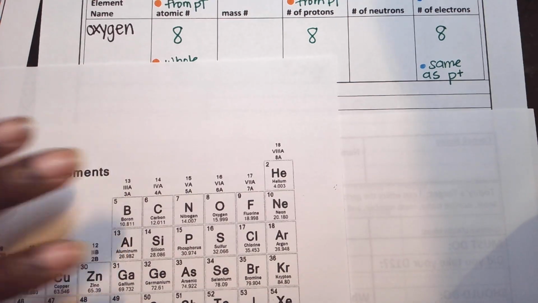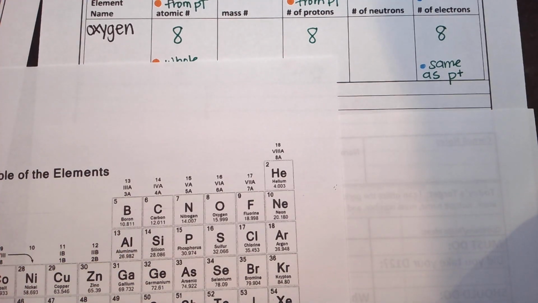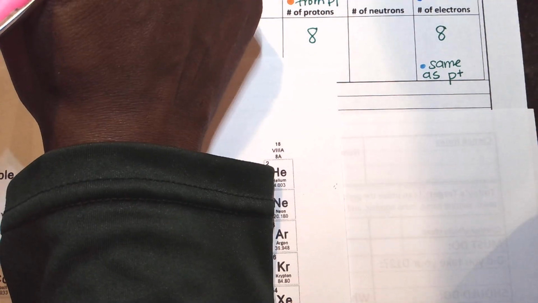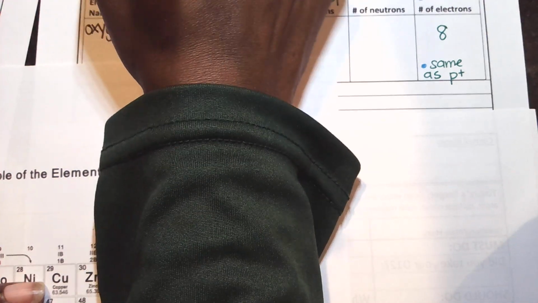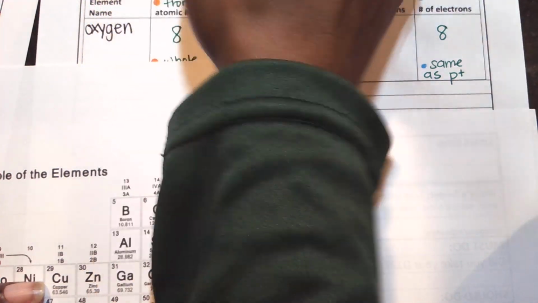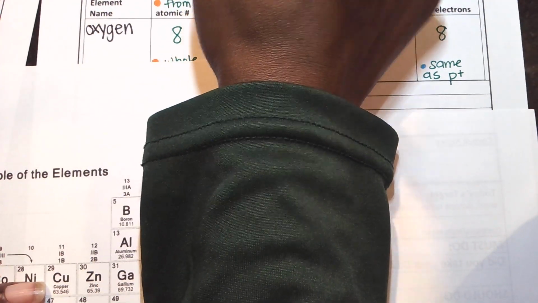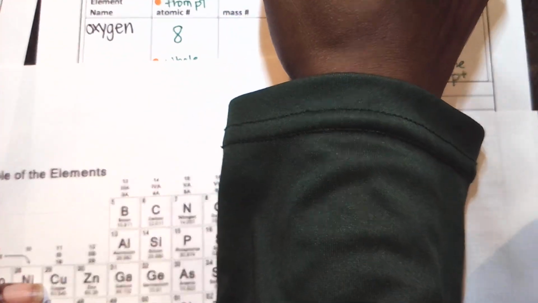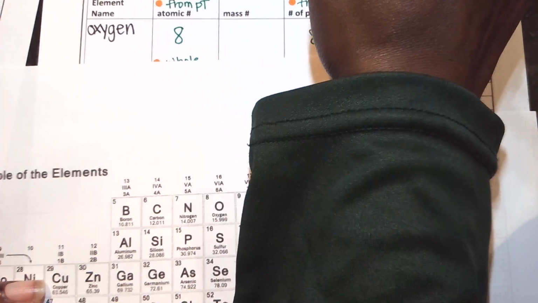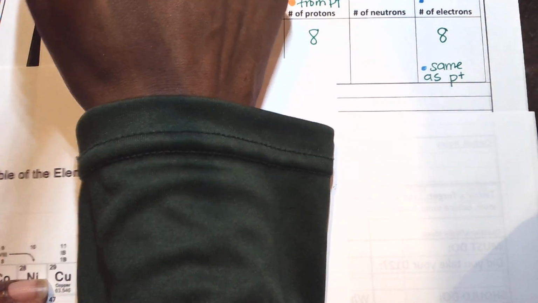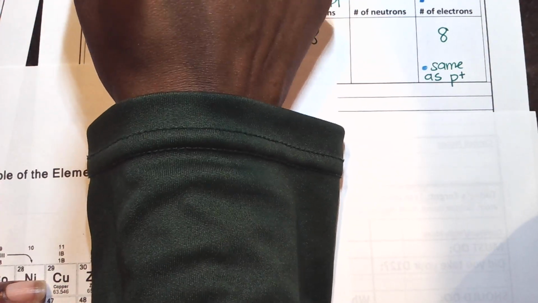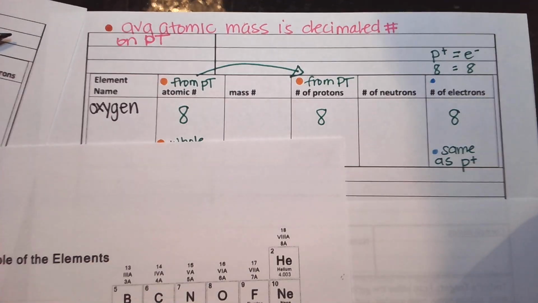So I'm going to write up here, just so that you are aware and you can follow my thinking, that the average atomic mass is the decimal number on the periodic table.